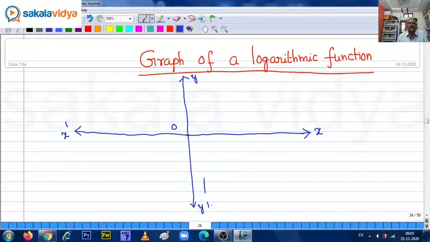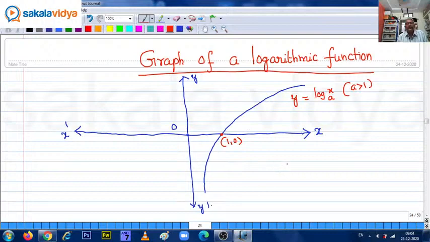The graph will be like this. This graph is y equal to log x to the base a, where a is greater than 1. It cuts the x-axis at 1, 0; it passes through 1, 0. This is the graph of f of x equals log x to the base a when a is greater than 1. This is case 1.